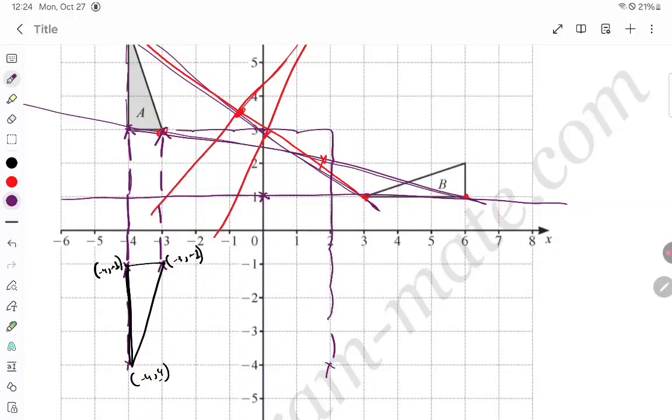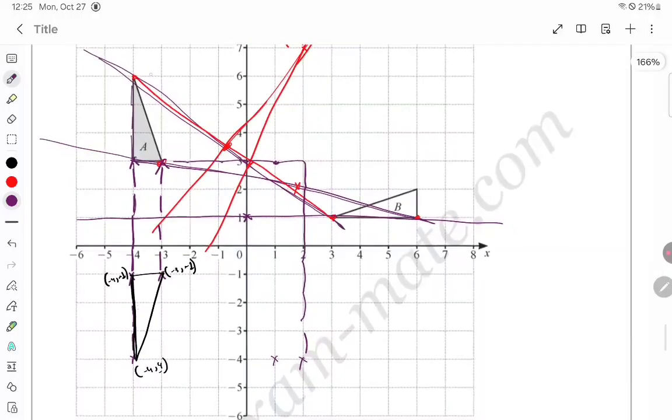Now for this point, 1, 2, 3, 4, 5 right here, and for the 7, 1, 2, 3, 4, 5, 6, 7.